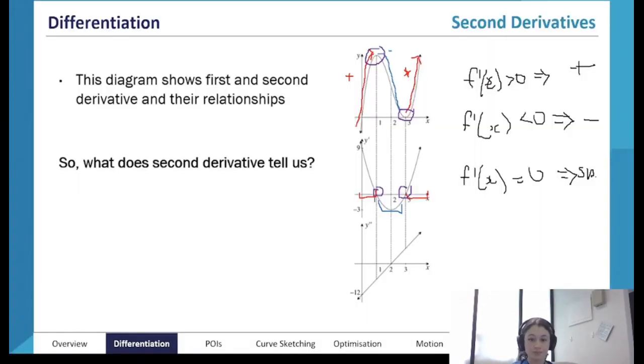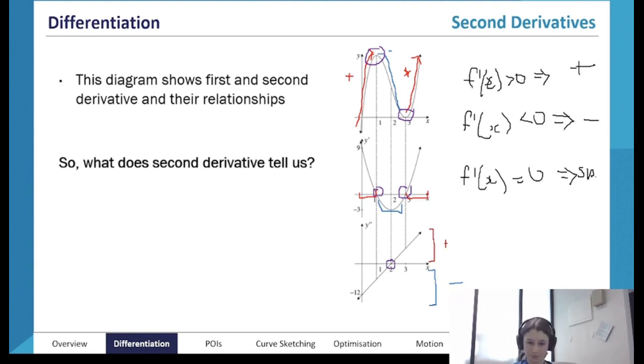So, as you can see here, our second derivative has a positive value here and it has a negative value here, and then it also has this x-intercept right in the center.